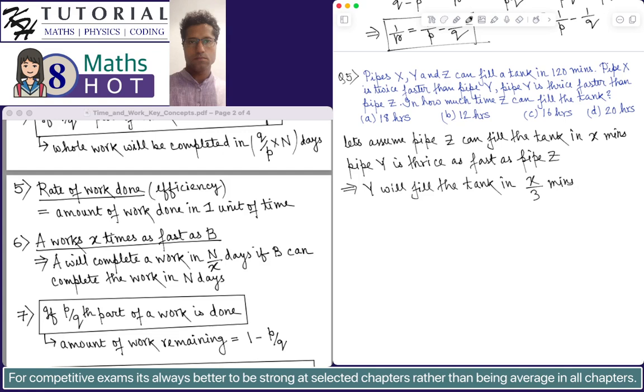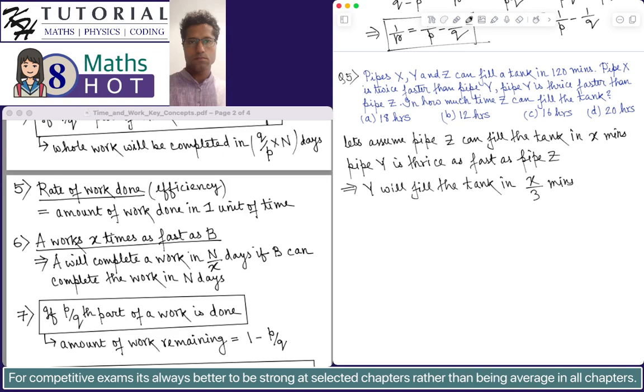Okay. Now it is also given that pipe X is twice as fast as pipe Y. We know pipe Y will fill the tank in x by 3 minutes. Now we need to find the time taken by pipe X to fill the tank in terms of x.